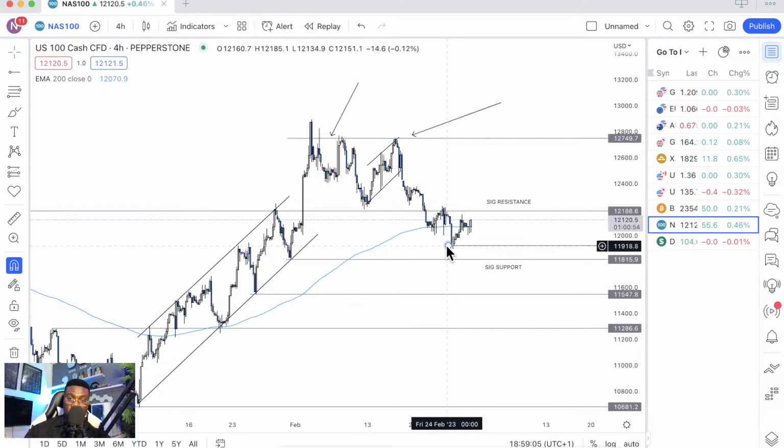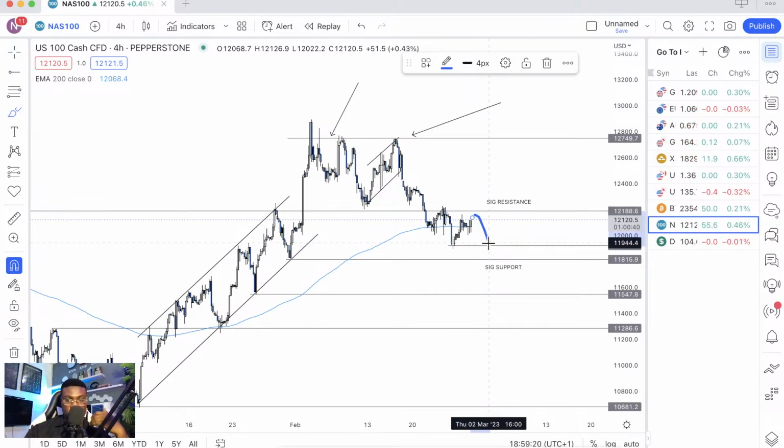If you're opening multiple trades, you can extend your targets to areas like here, right? If there are rejections at this resistance level, you can look for sell opportunities on Nasdaq and sell it to the downside. This can be your first target, this can be your second target.